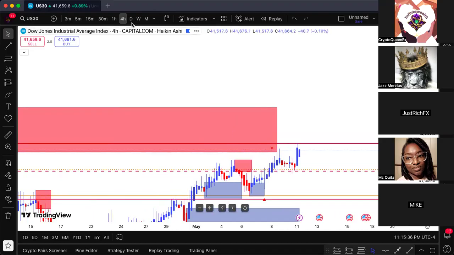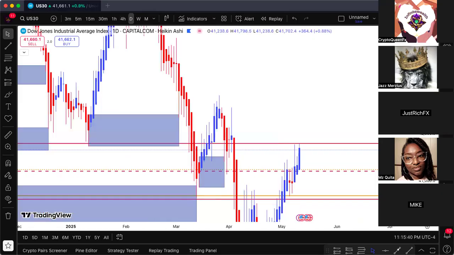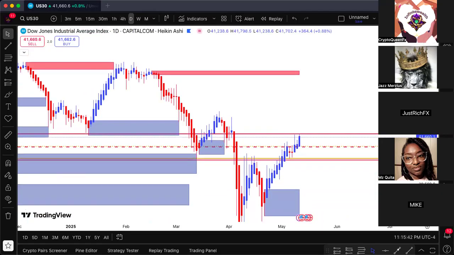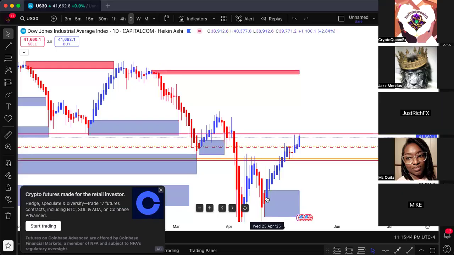Right now we're continuing inside of a buy trend. Just looking at how the weekly opened up, we got it coming out of a daily buy order block right here. So we're in a buy trend.